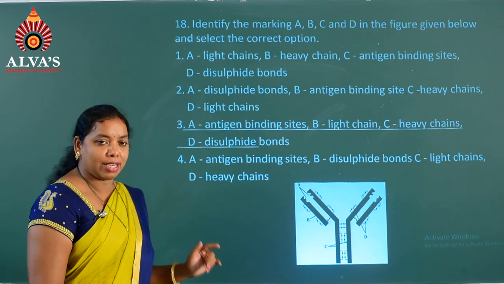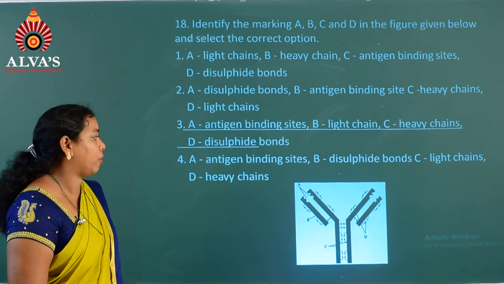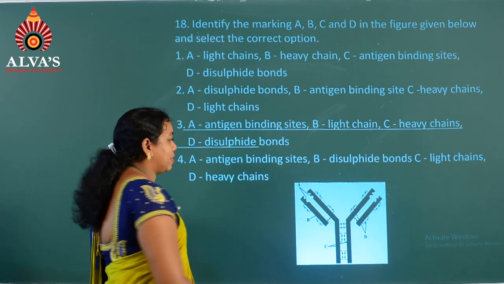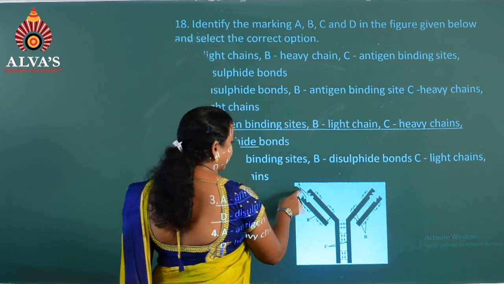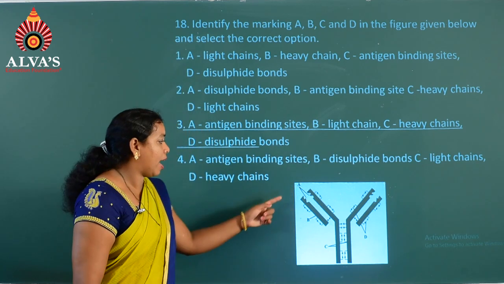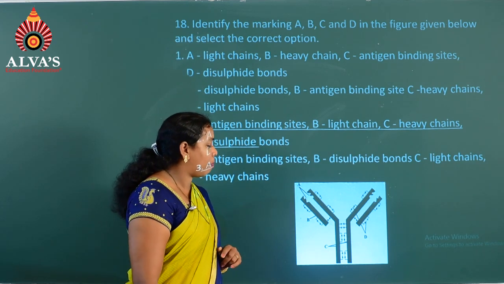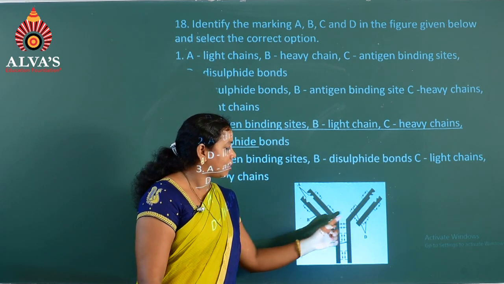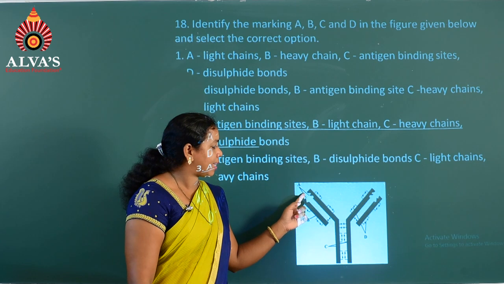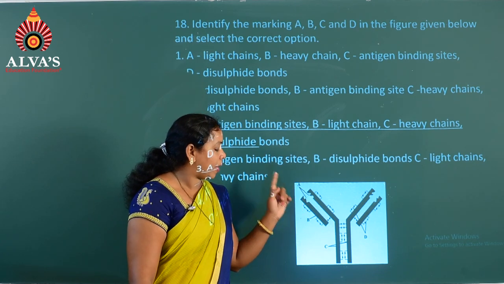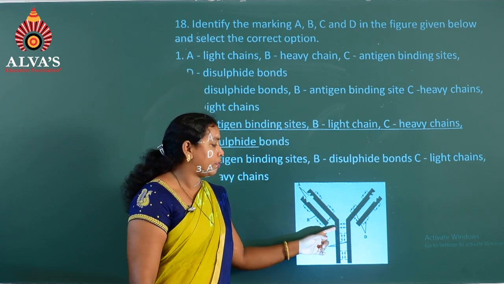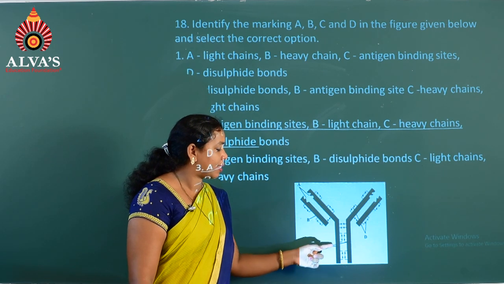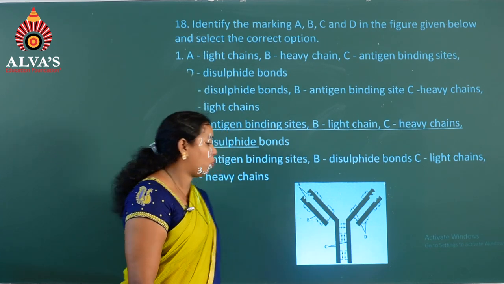We can see that this is a diagram of the antibody molecule. This is the region where there is the antigen binding site, and you can also see the presence of heavy chains. There are two heavy chains as well as two light chains, and this is the antigen binding site. There is also a bond between the heavy and light chains, called the disulphide bond, which you can see over here.